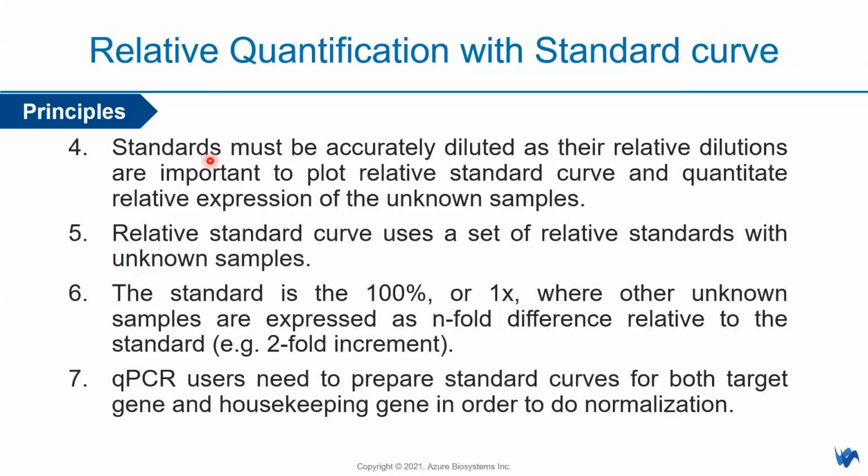Since you're doing relative quantification, the standard must be accurately diluted, as the relative dilutions are very important to plot the relative standard curve and quantitate the relative expression of the unknown sample.